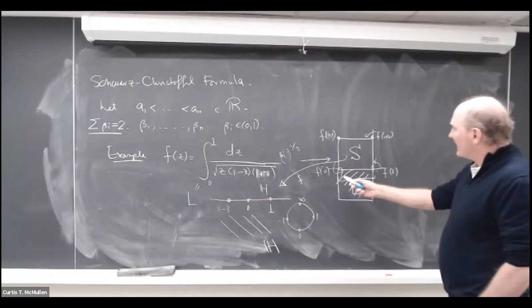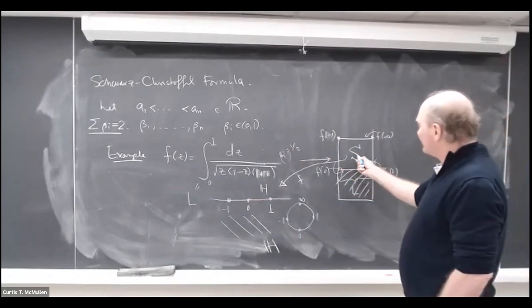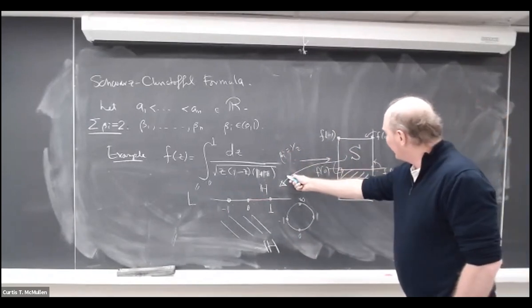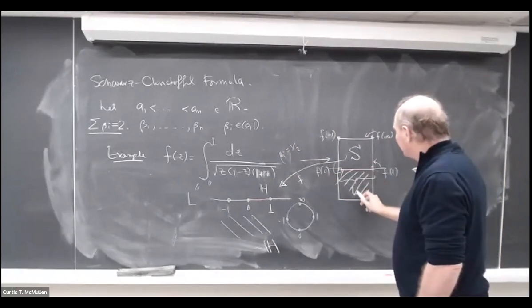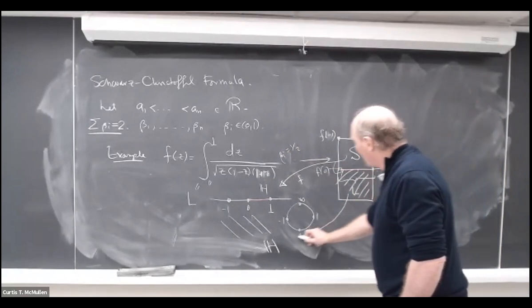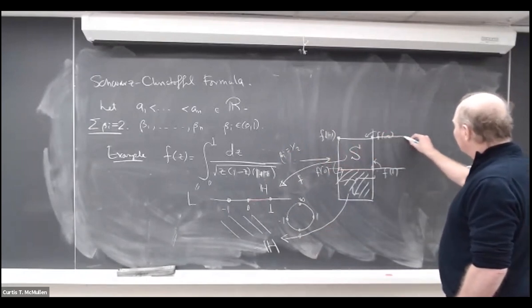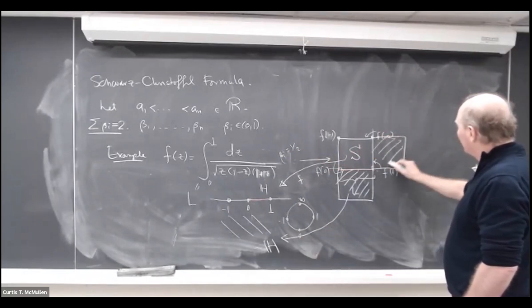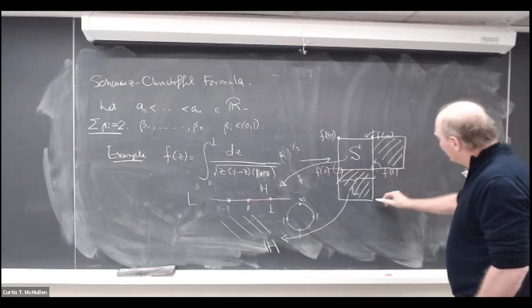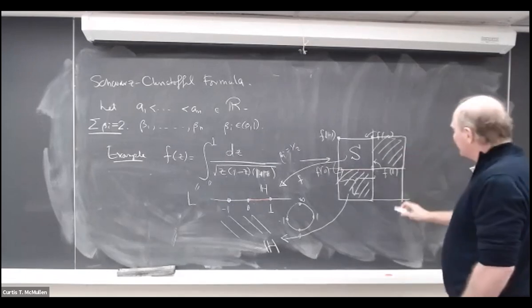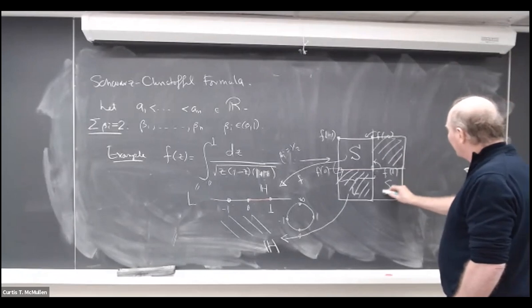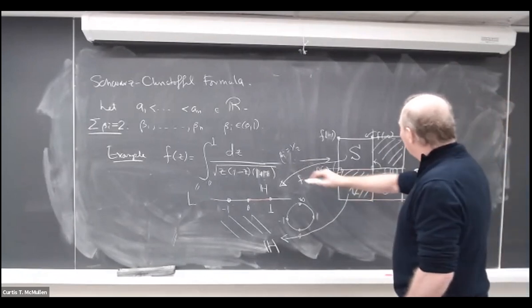By the Schwarz reflection principle, the map F that sends S to the upper half plane extends to a map that sends this lower square to the lower half plane. And it similarly extends to a map that sends this adjacent square here to the lower half plane. But then if we reflect again, we get a map that sends this square again to the upper half plane.